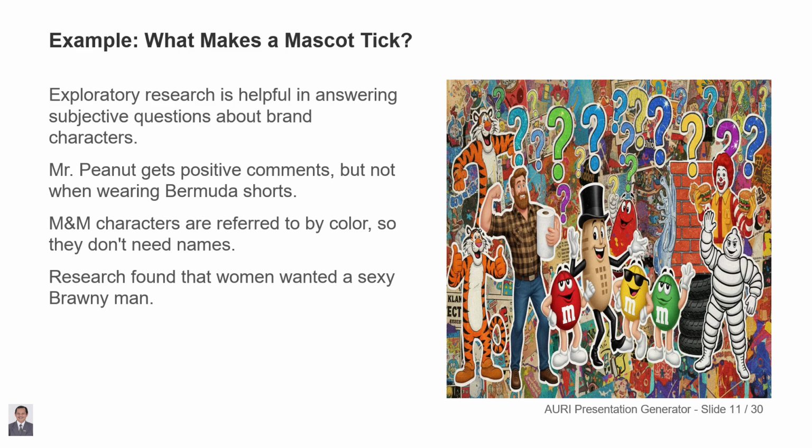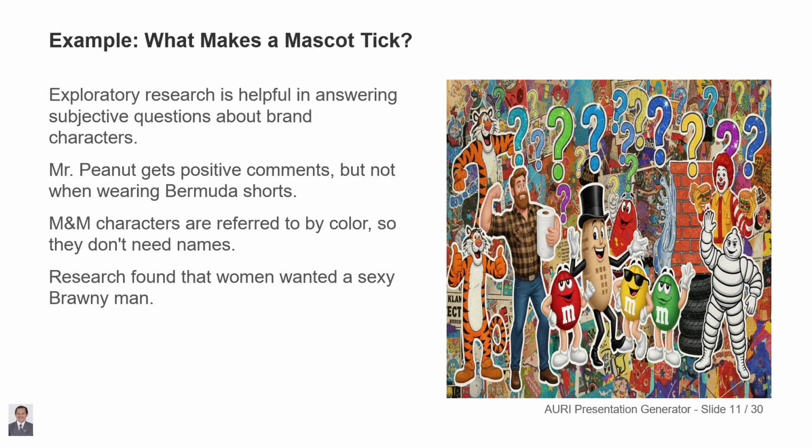A common question for many brands is how to determine what makes a mascot appealing or unappealing to its audience. Exploratory research, using methods like in-depth interviews and focus groups, is well suited to uncover these subtle and subjective consumer feelings. For example, research for the Planters brand found that while people liked Mr. Peanut, they felt his portrayal in Bermuda shorts was unusual and out of character.